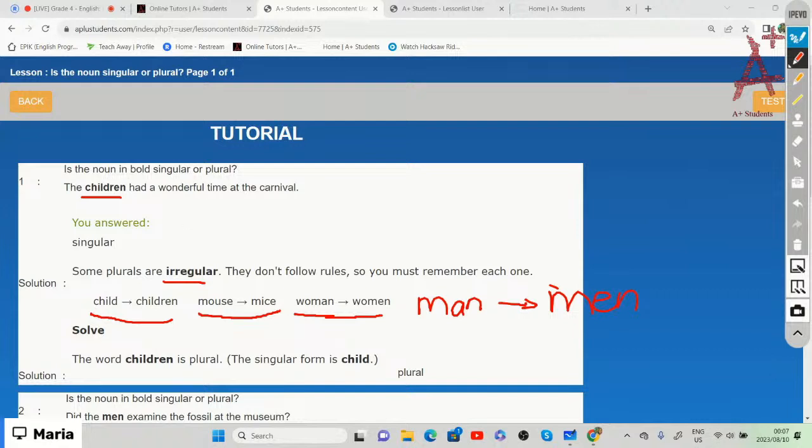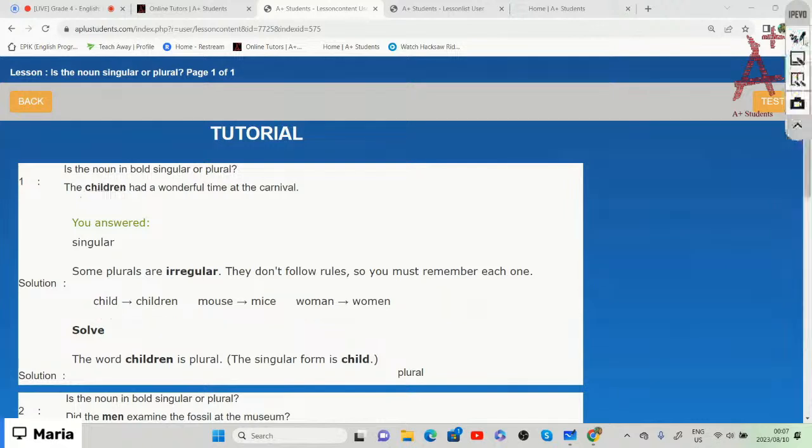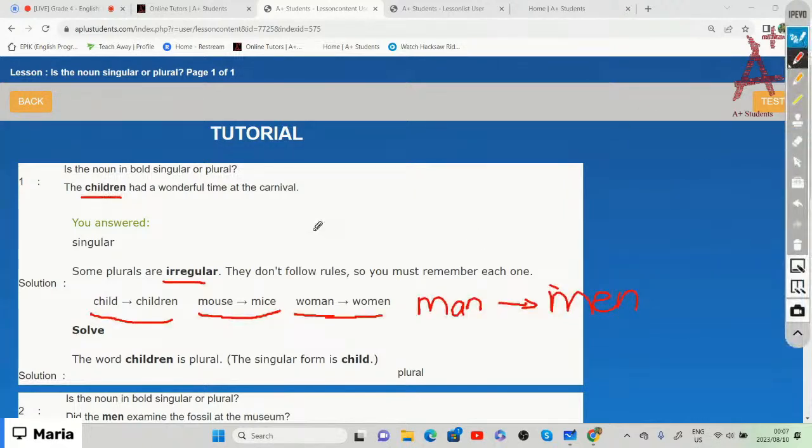So we can say children is plural, right? And the singular form of children is child, as the example that we made over there. So children being plural, and the singular form of children is child, right?